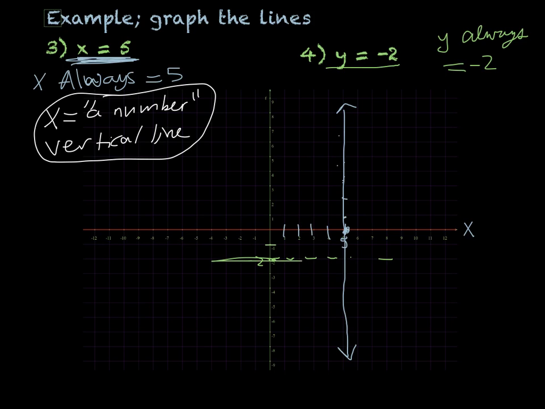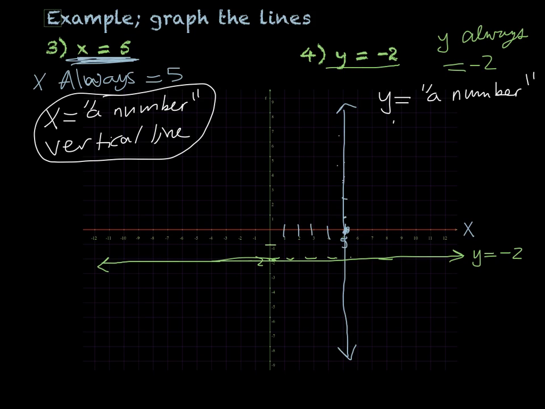So it is a line that goes like that. y equals -2. So what we see here is whenever it's y equals a number, so if it's only y and there's no x's anywhere, then it is a horizontal line.